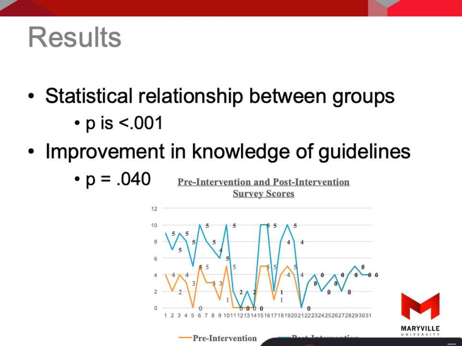Therefore, there is strong evidence against the null hypothesis and conclusion that there is a high probability a relationship exists between the implementation of the AAP clinical practice guidelines and the administration of bronchodilators with PEWS scores.